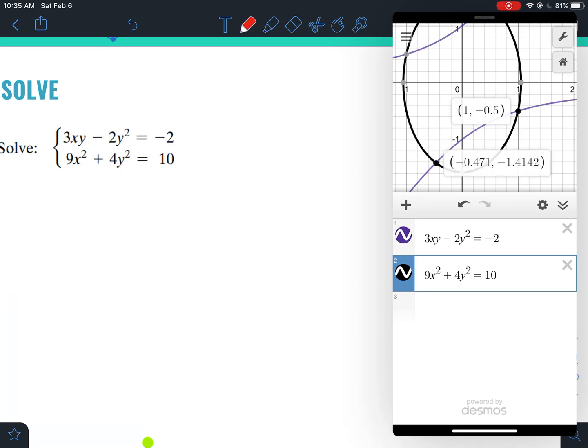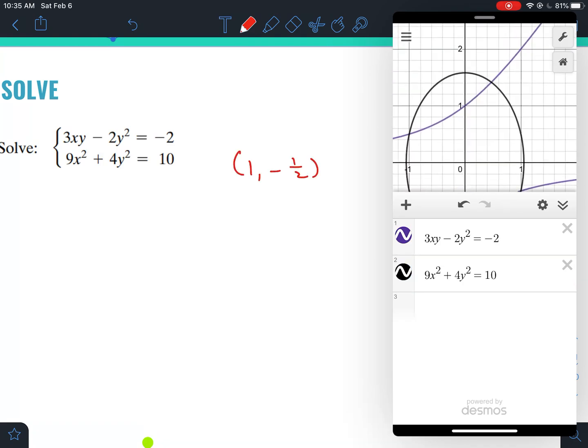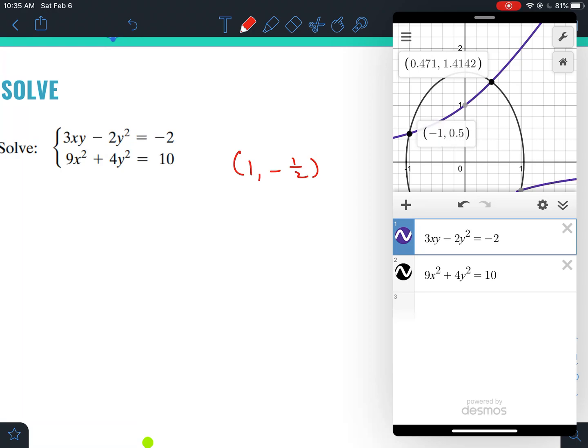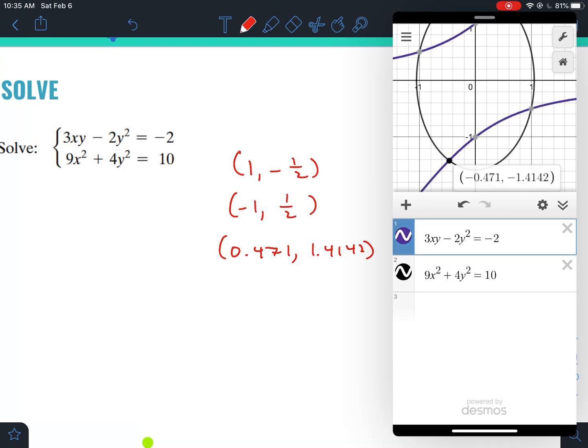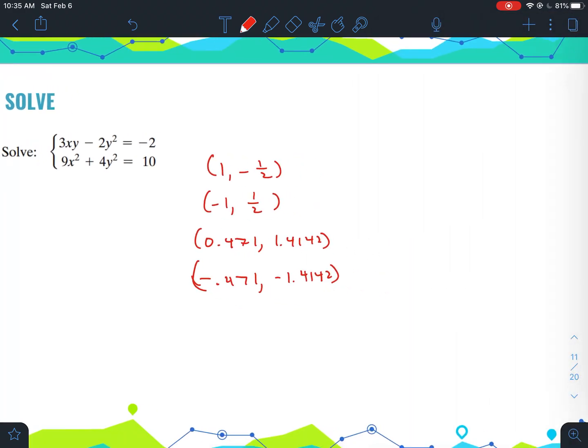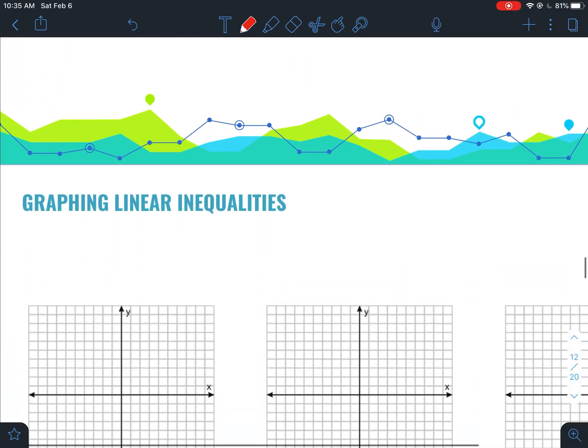If we solve this by graphing, we get solutions 1, negative 1/2, 1, positive 1/2, and I believe negative 1, positive 1/2. And then we get 0.471, 1.4142, and negative 0.471 and negative 1.4142. So we'll just solve that one by graphing.